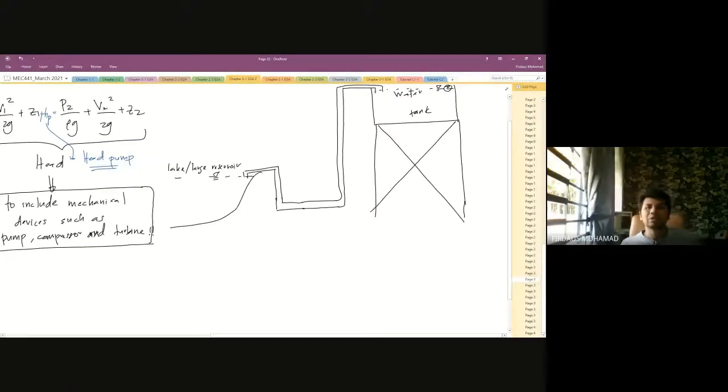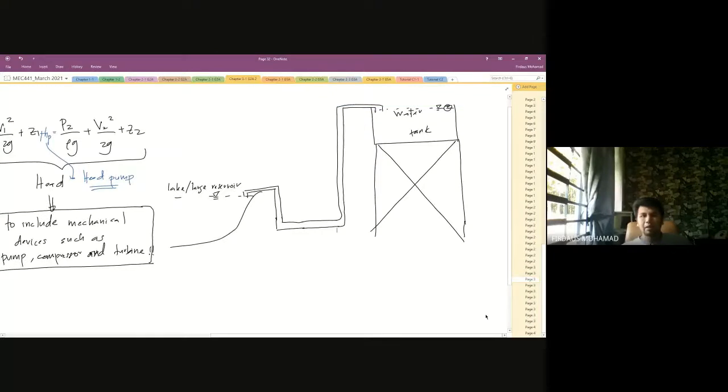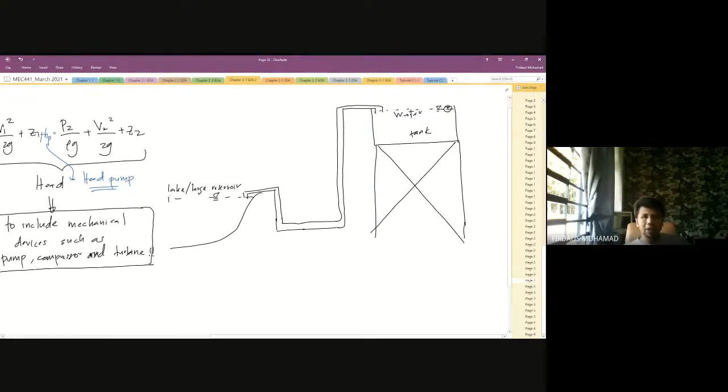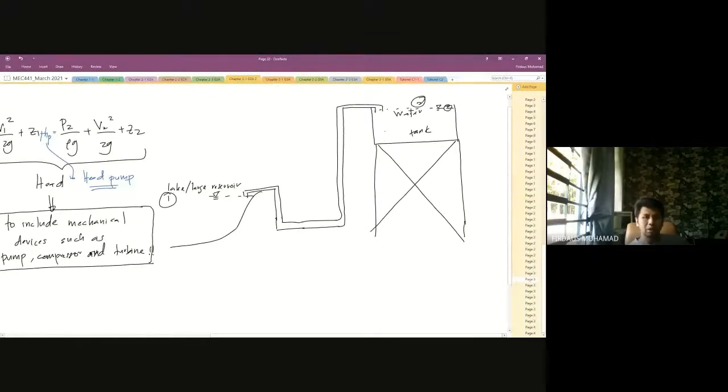How do we add the mechanical device in order to deliver the water in this system? Let's say this is point 1, and this is point 2, both exposed to the free atmosphere.